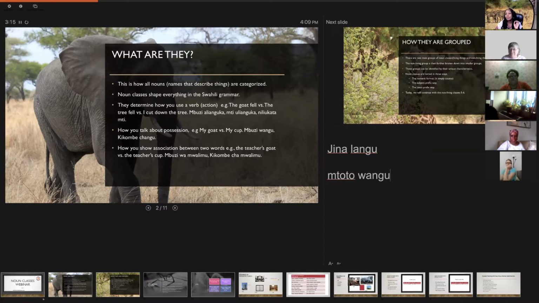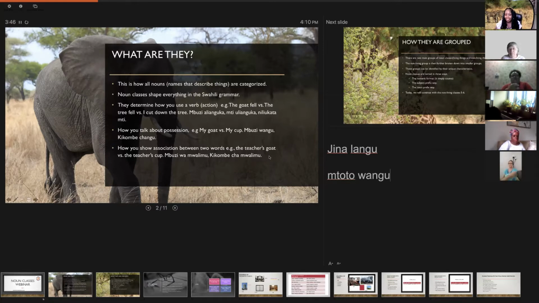So this is how noun classes change different things. If you ever notice that something is almost the same but not quite, look at the noun that you're working with. That will change how things are behaving. I gave you my example: my goat is mbuzi wangu, my cup is kikombe changu. Kikombe is a different noun class, so it's going to start with a different letter. Kikombe is noun class 7 and 8, and that's not our business today. I am just showing you differences.